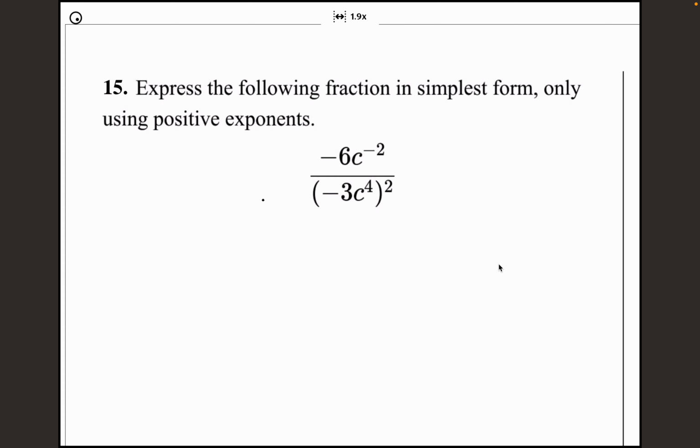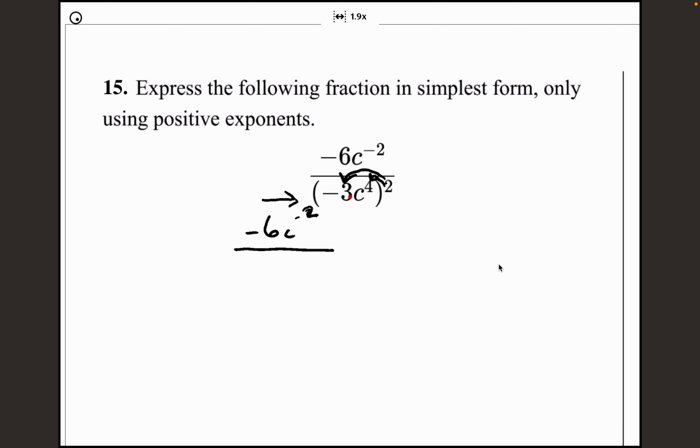So first thing I want to do is simplify out my parentheses first. I have everything inside the parentheses this time, so I need to apply the power of 2 to -3, and the power of 2 to c to the fourth. So first I'm going to leave my -6c to the -2nd, and then I'm going to do -3 squared.